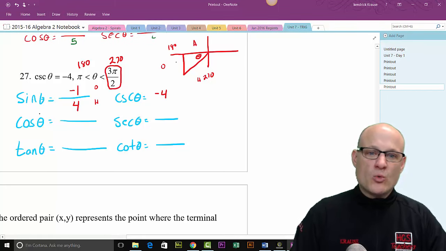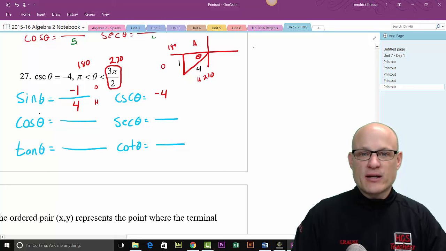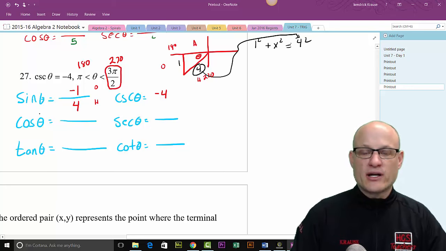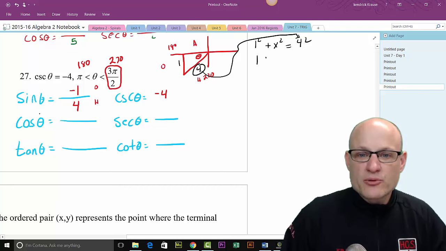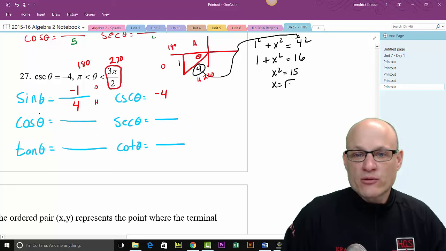So now I've got to figure out what this missing side is. So 1 squared plus x squared equals 4 squared. Remember, the hypotenuse always has to go on the right side. So this is 1 plus x squared equals 16, x squared equals 15, or x equals the square root of 15.